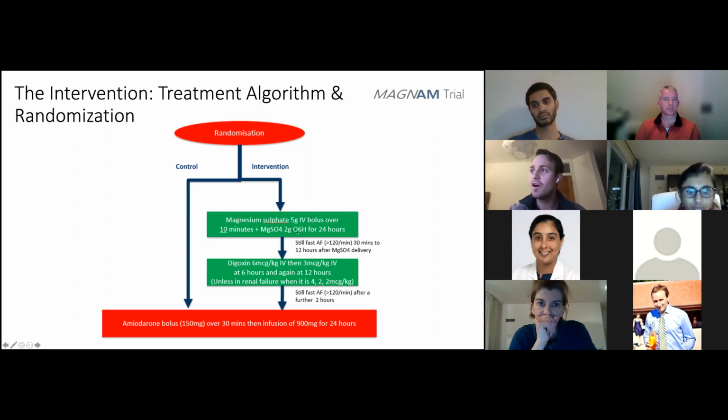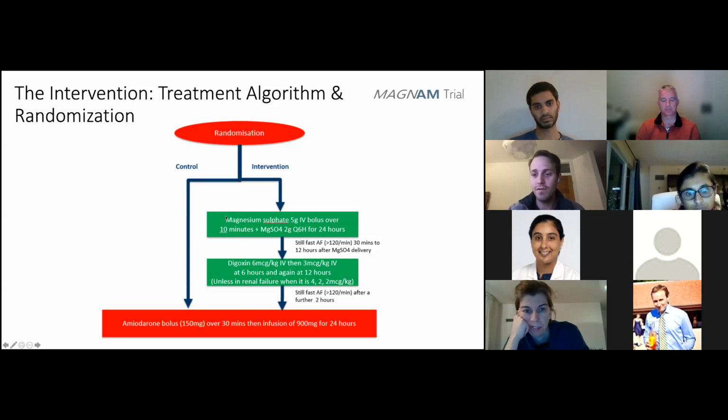For the intervention arm, we wanted to first start with a high dose magnesium bolus. So this is 5 grams over 10 minutes. This is the actual Health Canada intervention, and this is the main thing we're looking at.